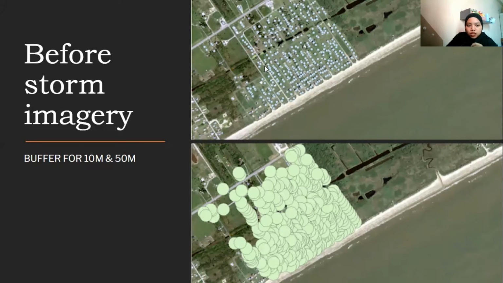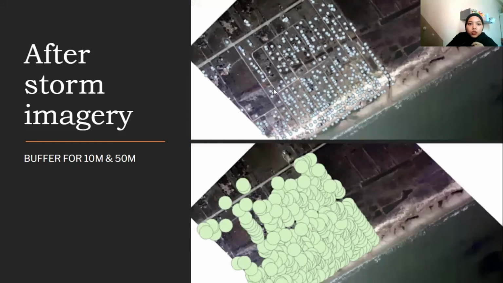We can see the before storm imagery. Next, this is the after storm imagery, with the buffer for 10 meter and 50 meter.